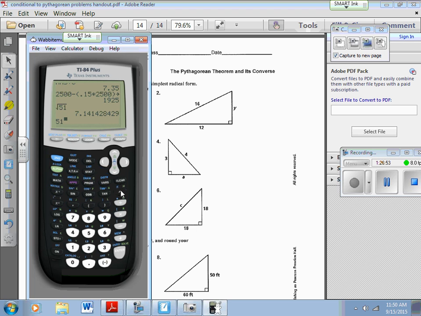51 raised to the 1/2 power. Now, I typed in square root of 51, and you clearly saw that it's that number, right? This to that power should give me that exact same number. Here's what I want to explain to you guys.